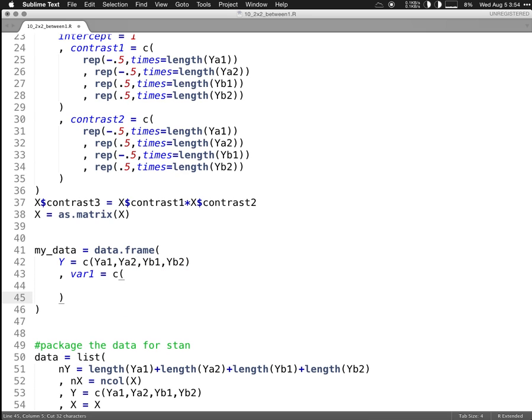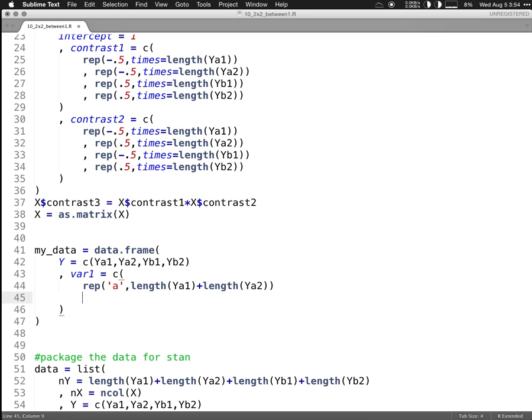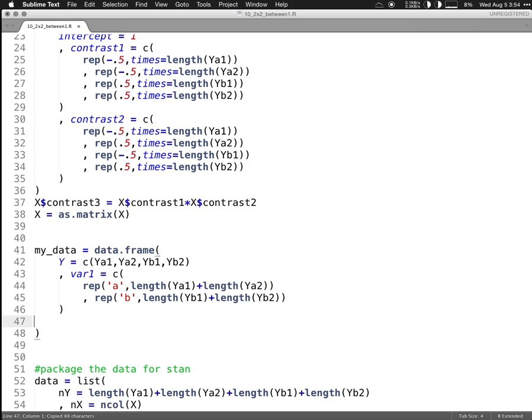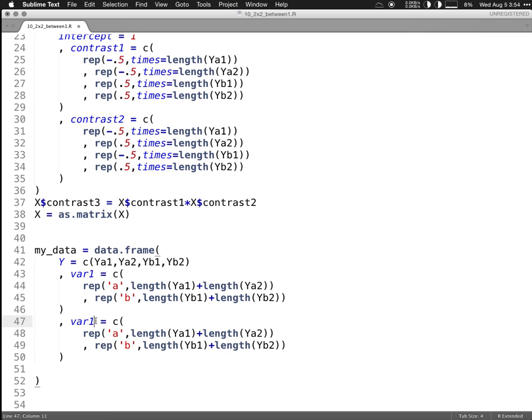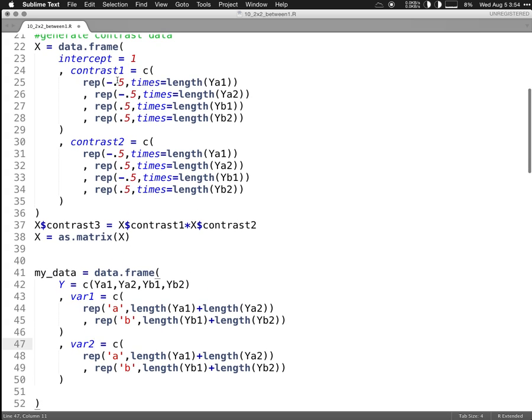Make it a little bit more readable. B number of times. And then B. So I should be able to just copy this, shouldn't I? No, I'm just going to copy this.